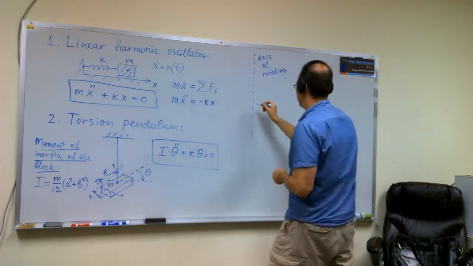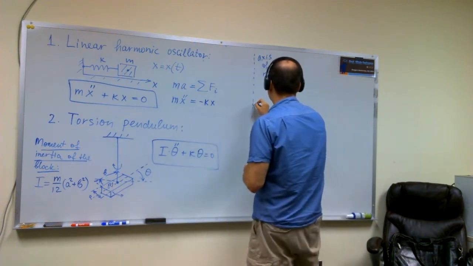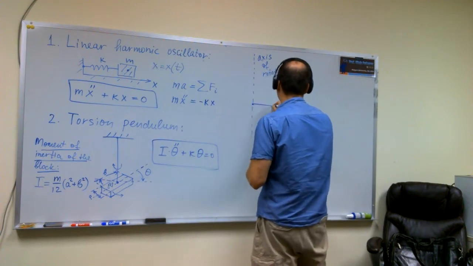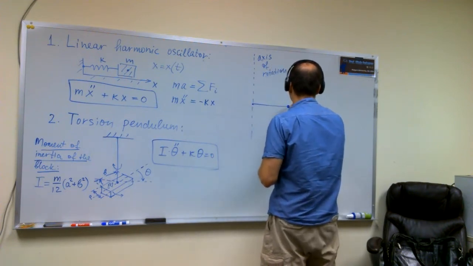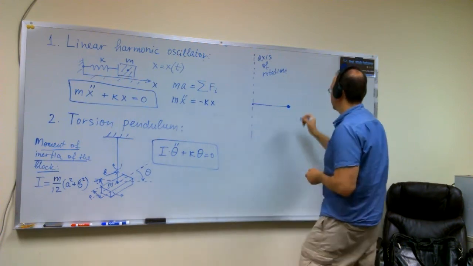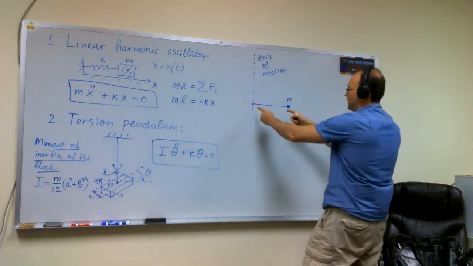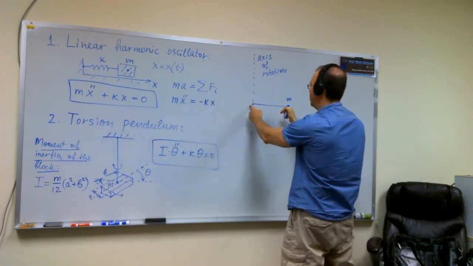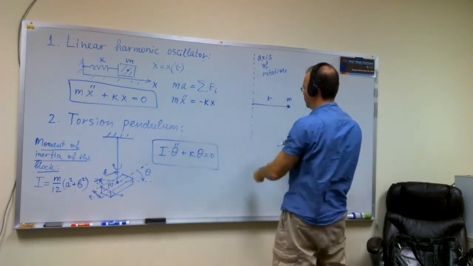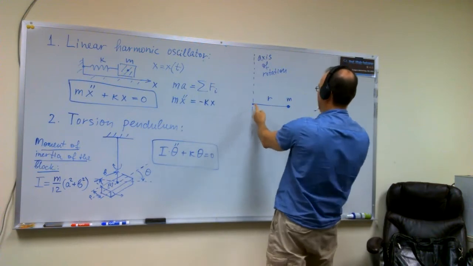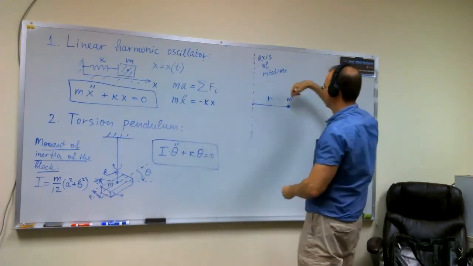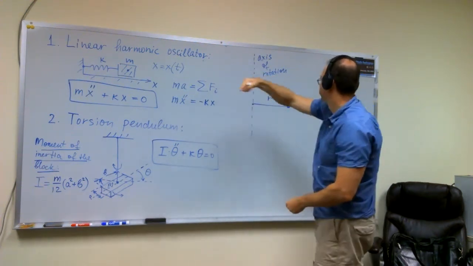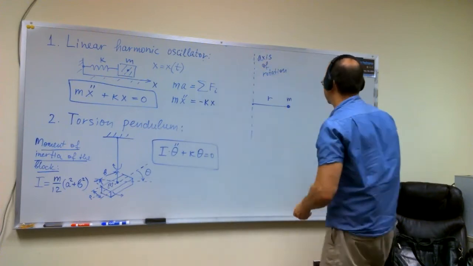And let us consider a point mass, M, which is at a fixed radius R away from the axis. And this mass can be rotating in this horizontal plane around this axis, okay?